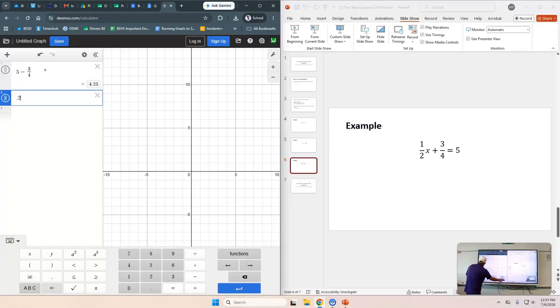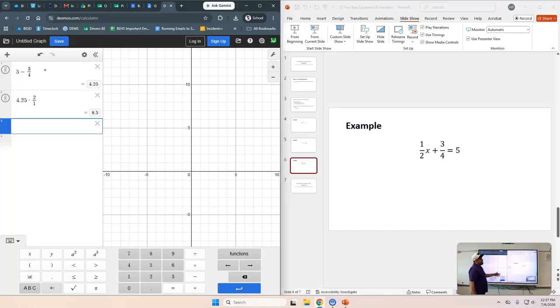So we're going to take 4.25, because that's the answer it gave me, and times that by the reciprocal, which was 2/1. So we do 2/1 and hit enter, and we get 8.5.